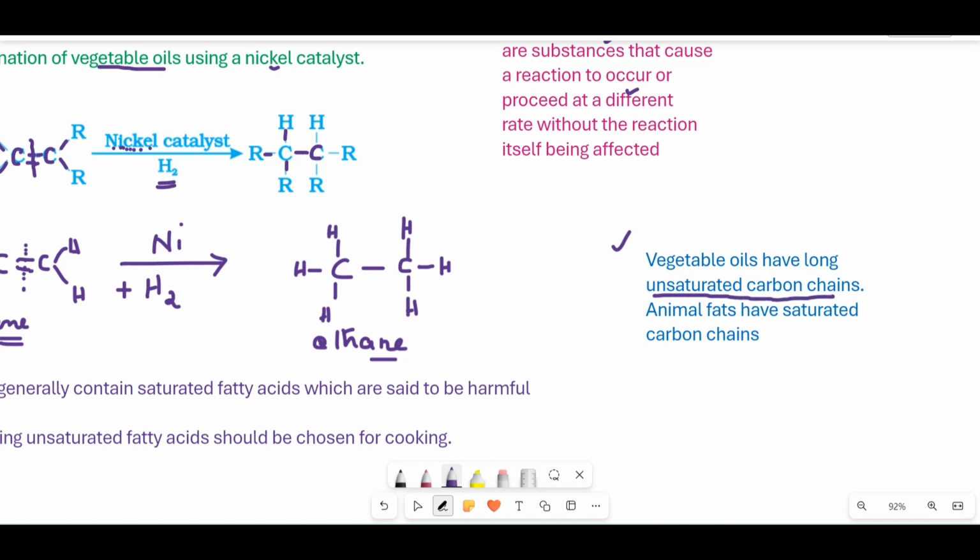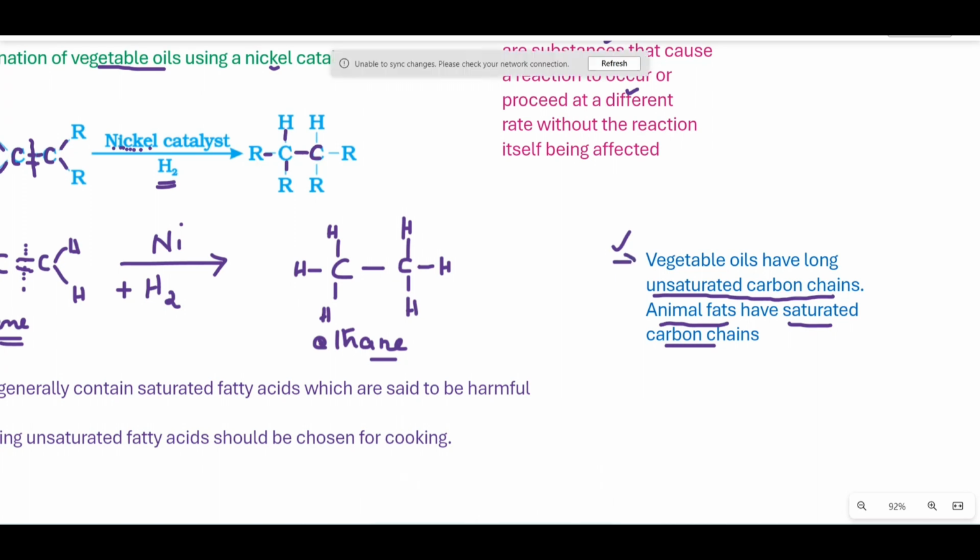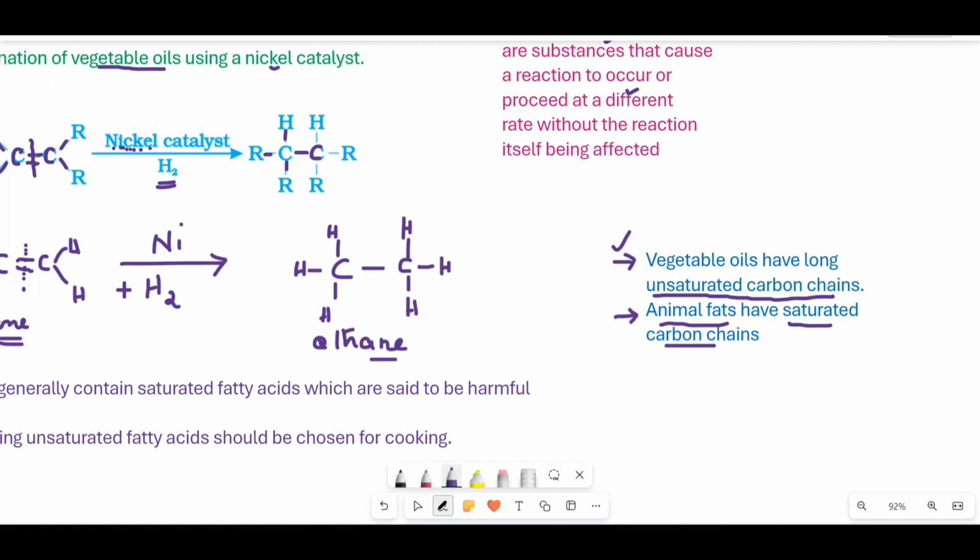So when we add this hydrogen, the unsaturated hydrocarbon chain will break down and form saturated compound. But animal fats have saturated carbon chains.